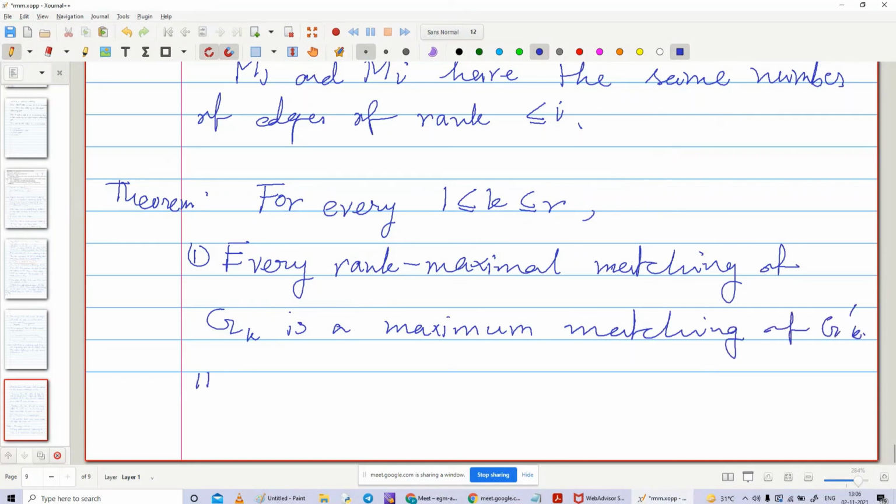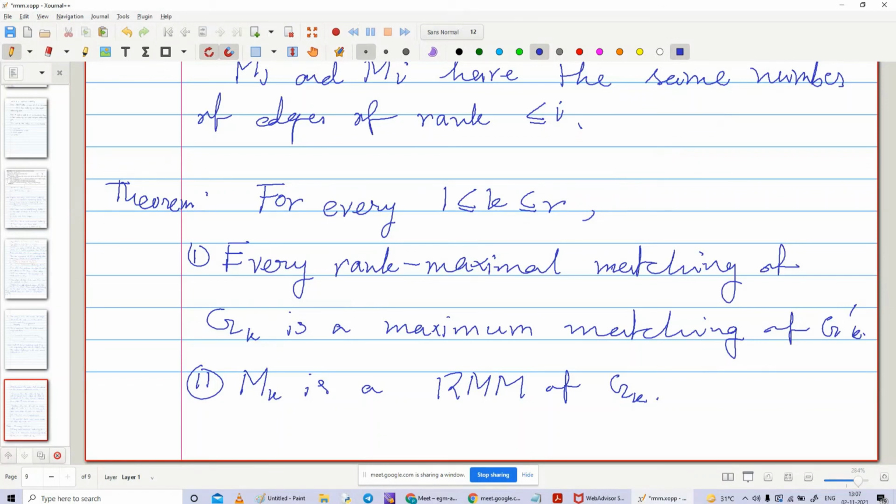In the main theorem we want to prove that every rank maximal matching of GK is a maximum matching of G prime K, and moreover MK, the MK that we have computed, will be a rank maximal matching of GK.